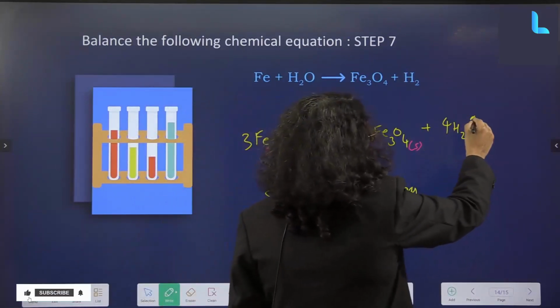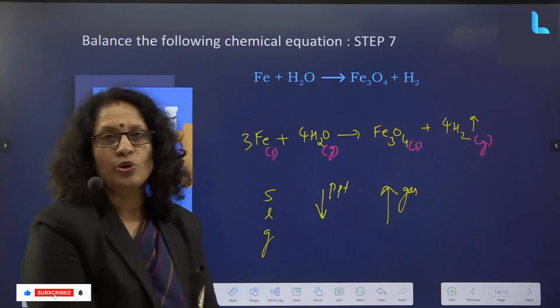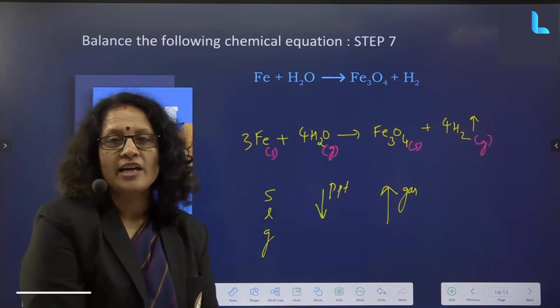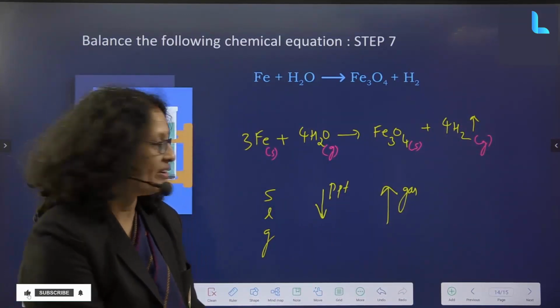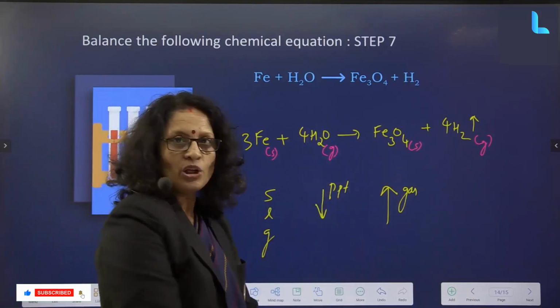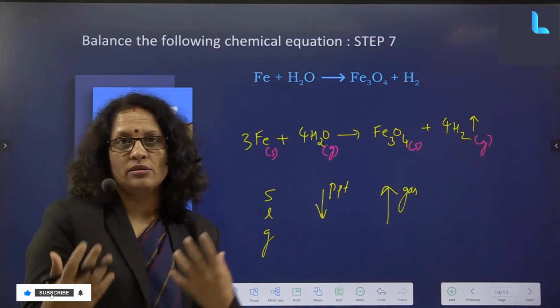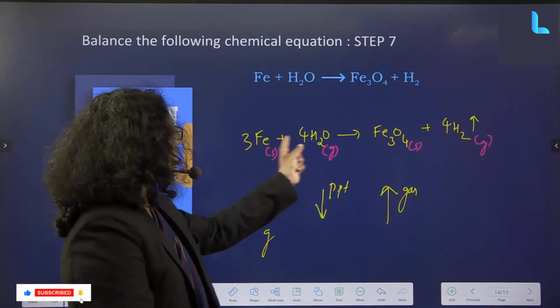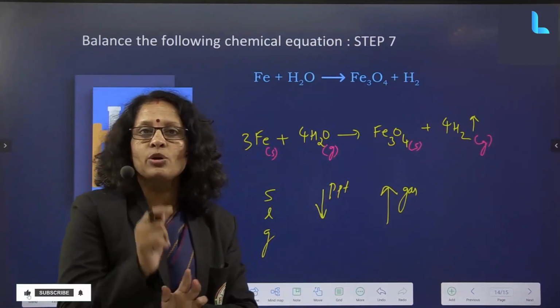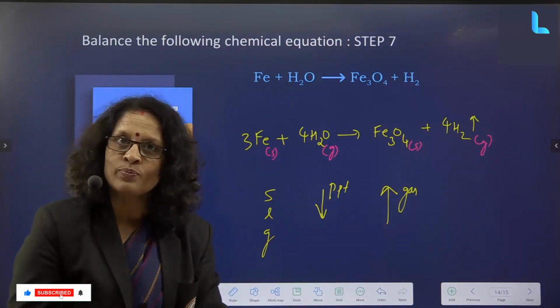So we can indicate with the upward arrow, showing hydrogen gas is liberated as a side product. Okay, so this is a balanced chemical equation, and when we balance it, here is a quick revision: whatever skeletal equation or word equation there is, we will try to write formulae.